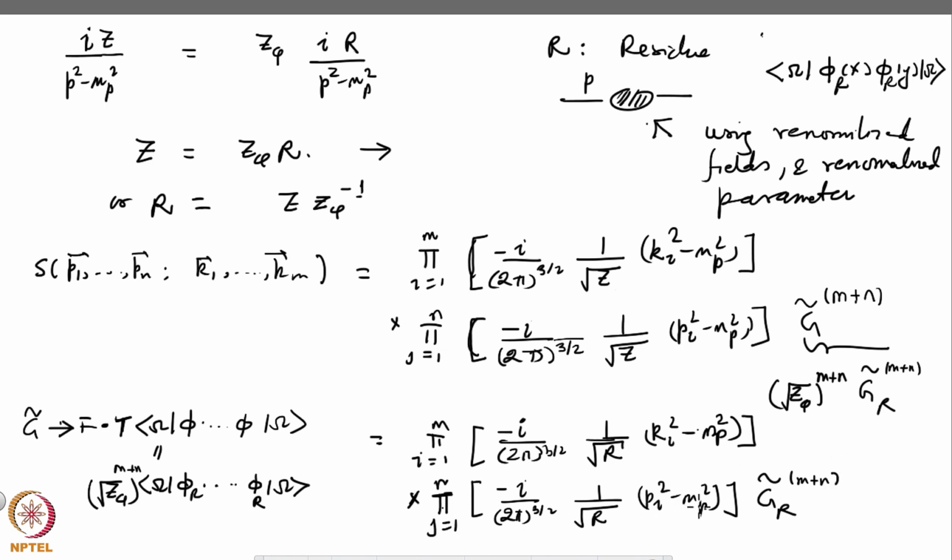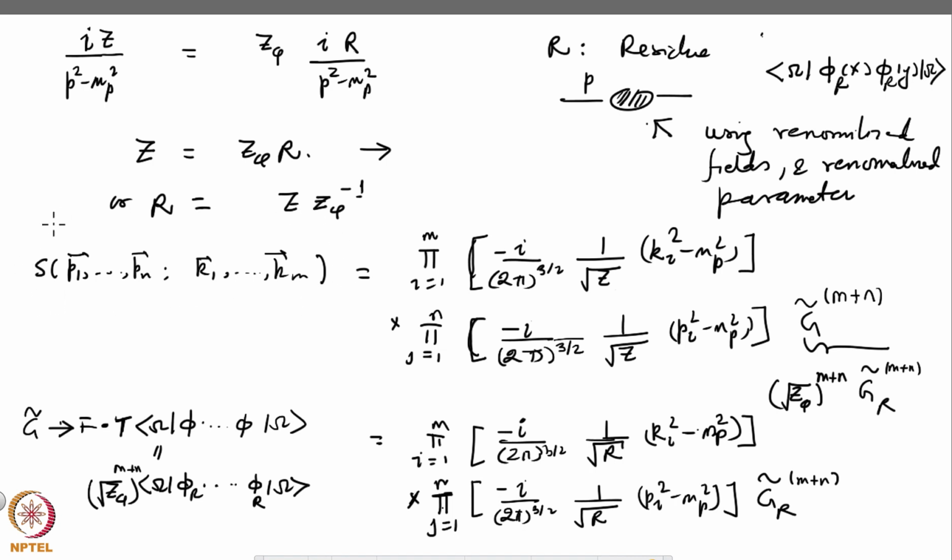So you see, whether you use the renormalized perturbation theory, renormalized fields and parameters, and then calculate g tilde with the renormalized fields, and put the residue that you get in the renormalized theory, or you work with the unrenormalized fields and parameters, you get the same result, which is good, because that is something we should expect, because S is a physical quantity, right?